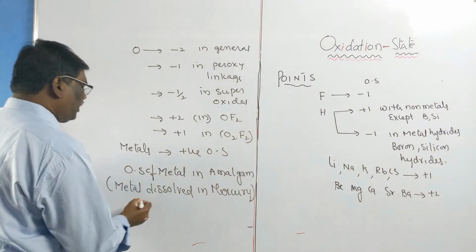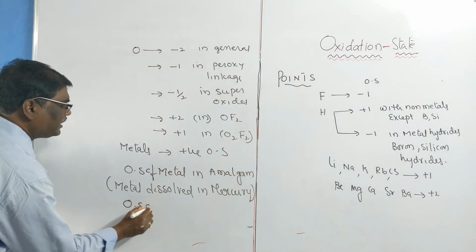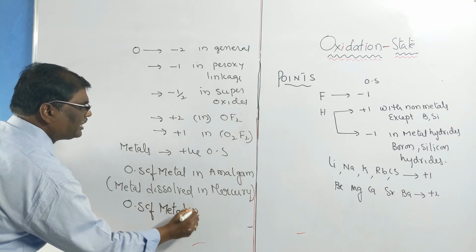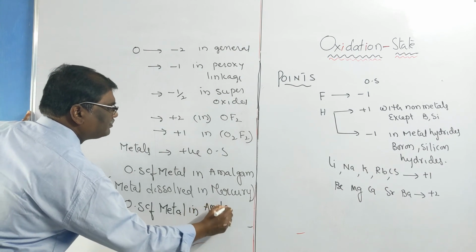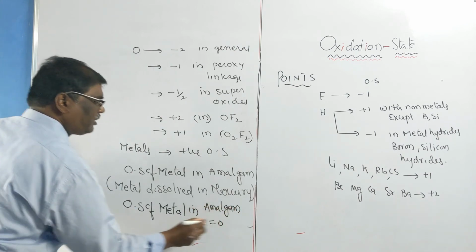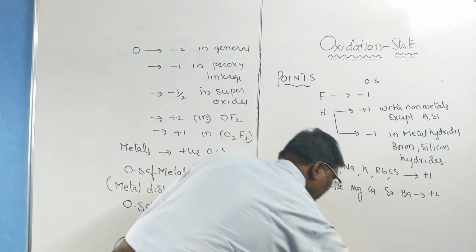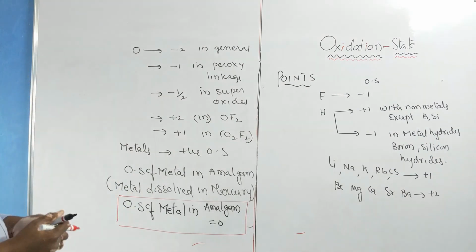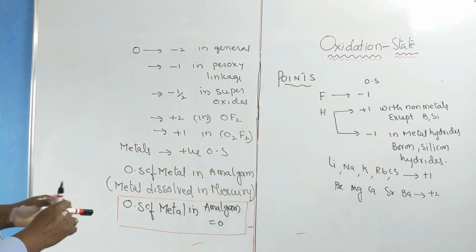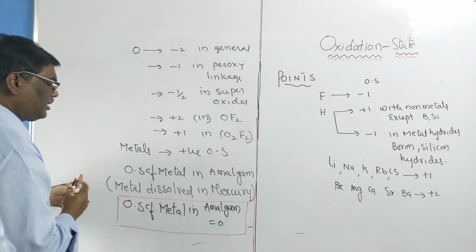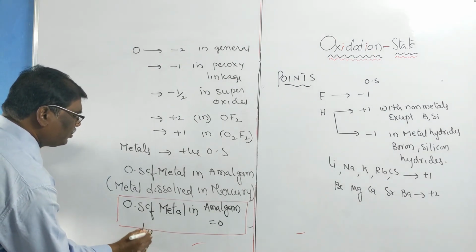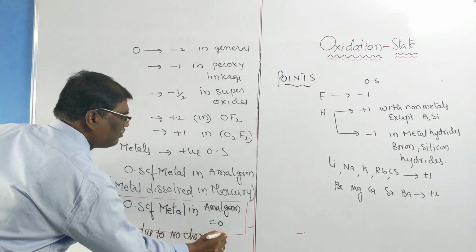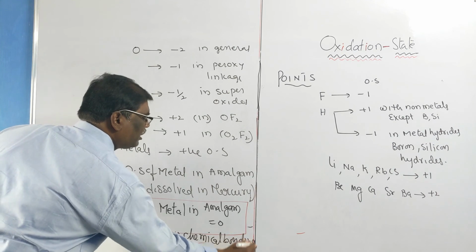So the oxidation state of metal in amalgam is equal to 0. Very important point. Oxidation state of any metal in amalgam is 0 because there is no chemical bonding.